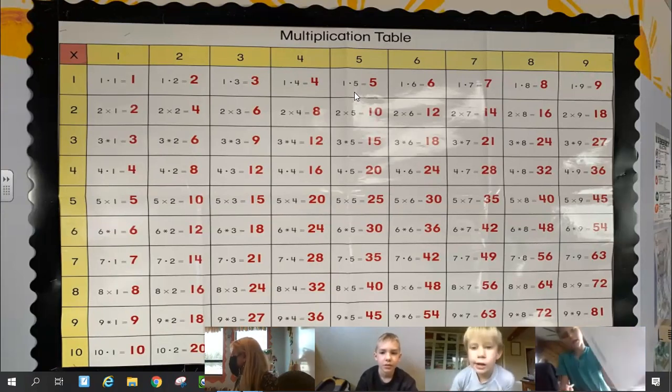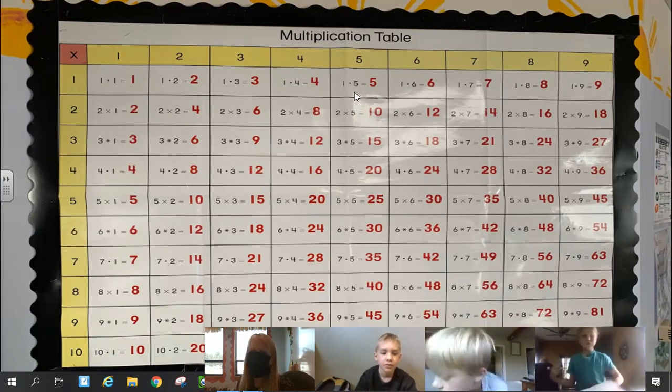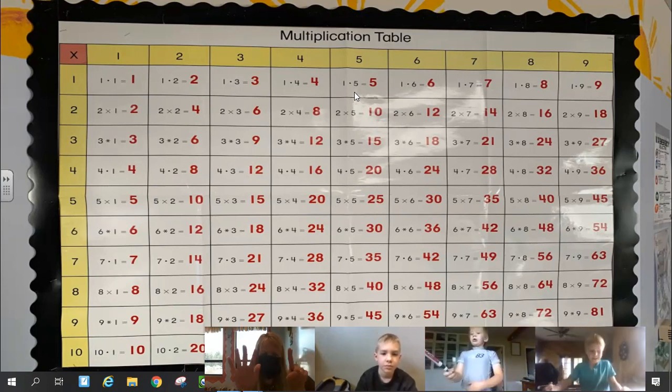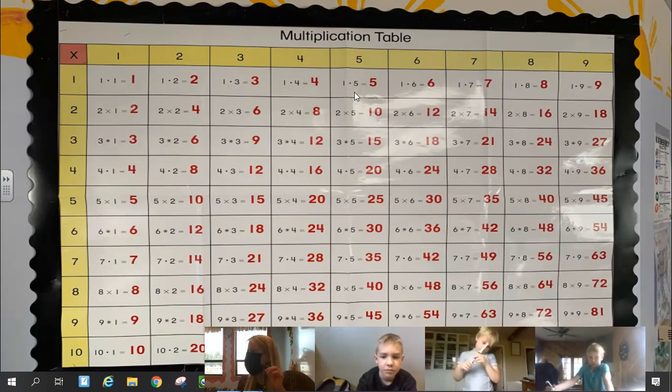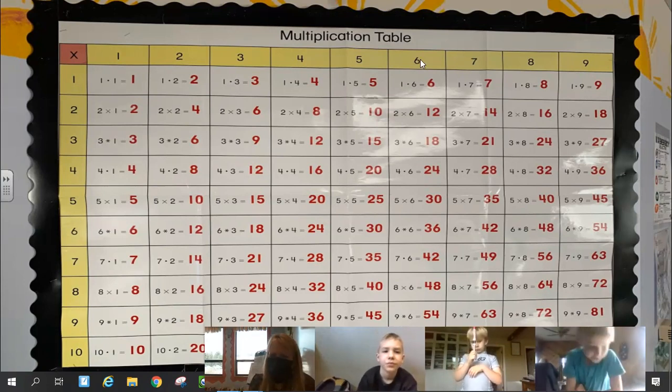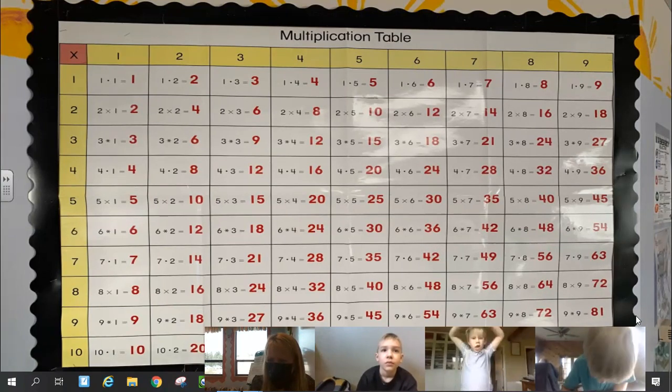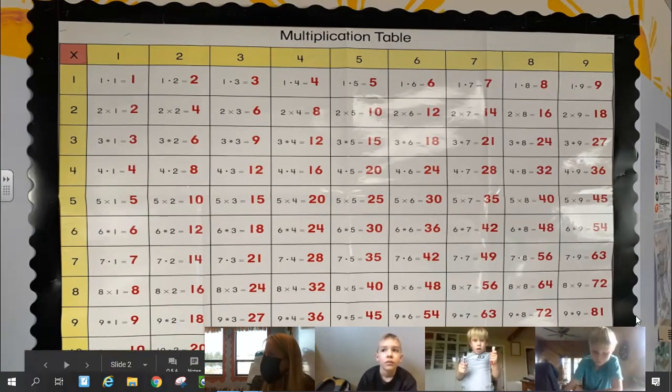Okay, let's try another one. 2 times 6. Or 6 times 2, it won't matter. Charlie V, can you hold it up and show it to us? 2 times 6. Oh, I see Lucas has it. How we doing? Oh, yeah, Colvin, super quick.